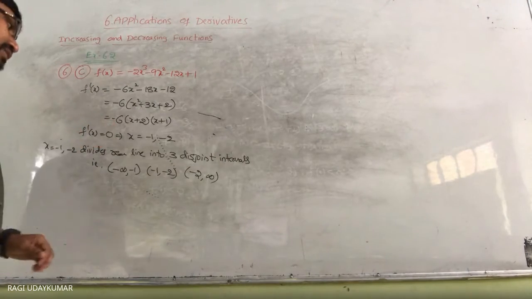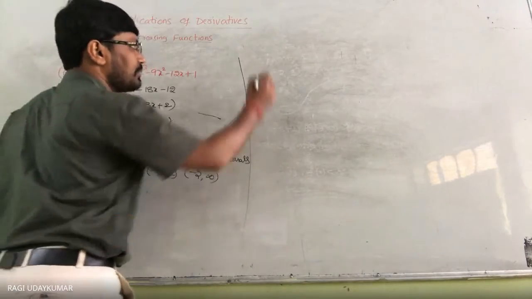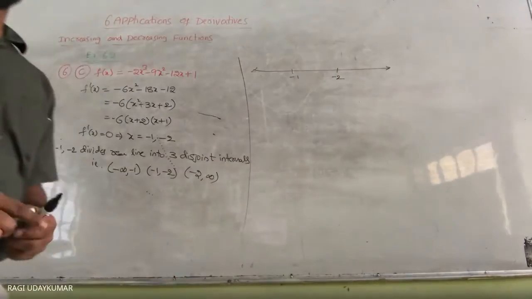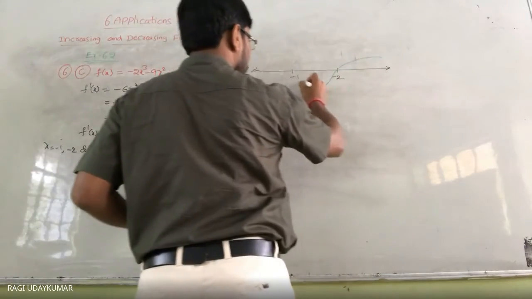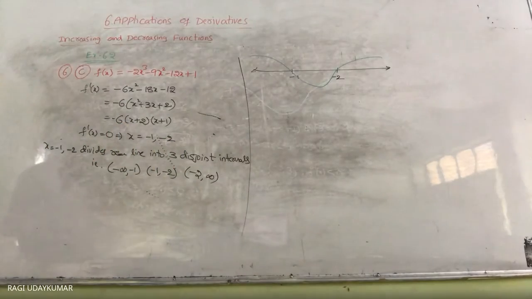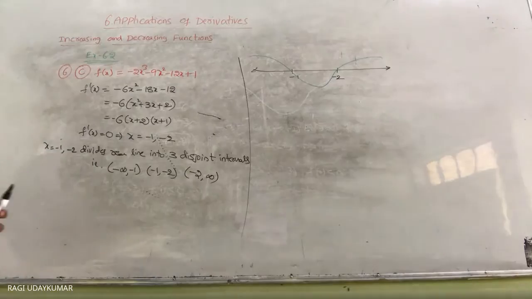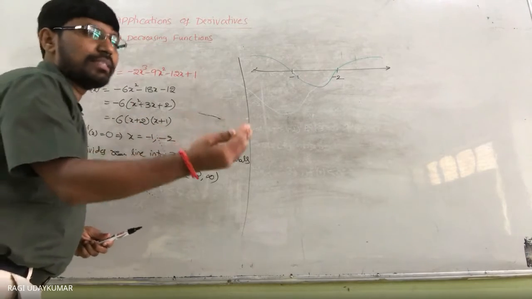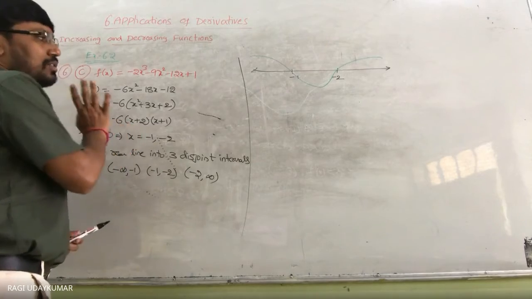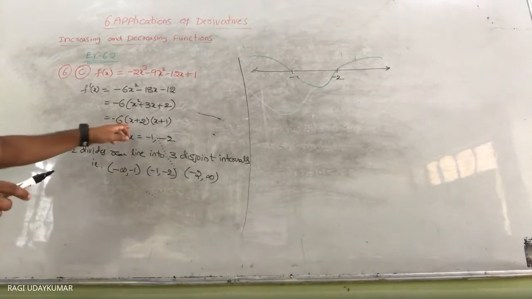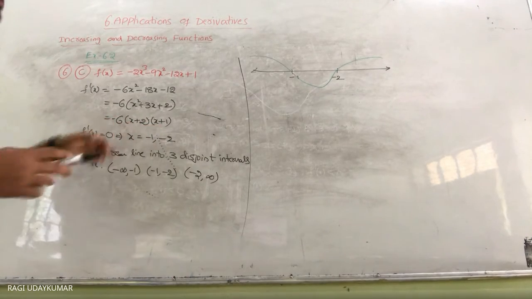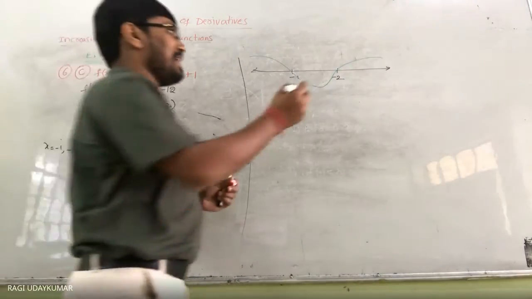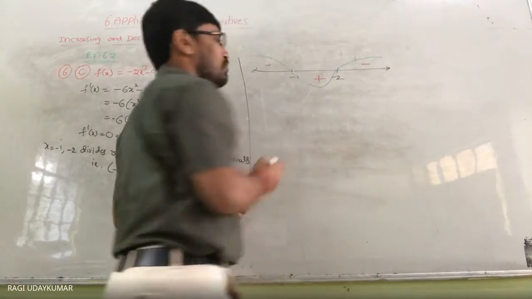Here, minus 6 is already there. Take a number line; in this number line, minus 1 will be here and minus 2 will be here. Using the wavy curve method, take a value greater than minus 2, say 0. When you substitute 0, the function value is negative, because of the minus sign. So in this interval it is negative, then positive, then negative.